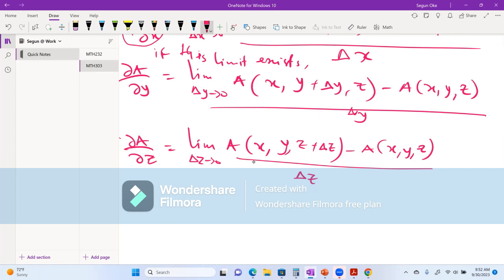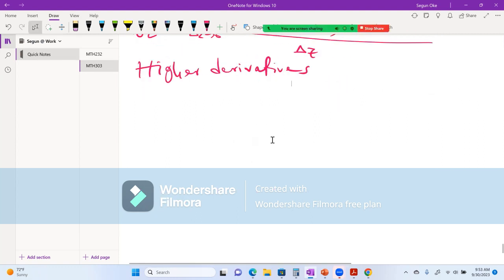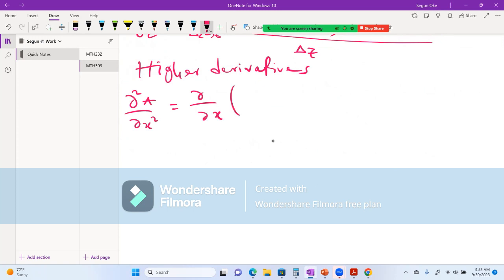But we can also have higher derivatives. For higher derivatives, we have the ∂²A over ∂x² equals ∂/∂x of ∂A/∂x. So you can also have ∂²A over ∂y².